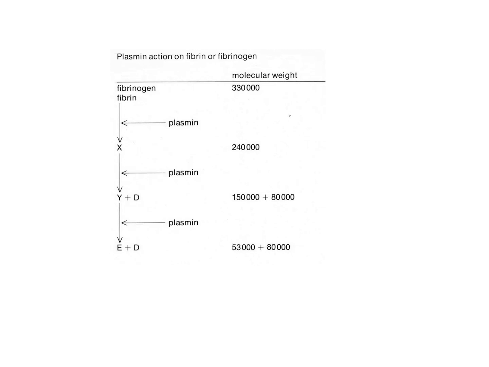We start with fibrinogen and fibrin, chemical compounds with molecular weights, let's say, around 330,000. The action of plasmin breaks them to what they call fragment X. This particular fragment is still very big, molecular weight 240,000.